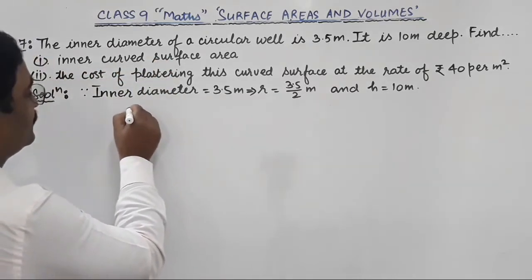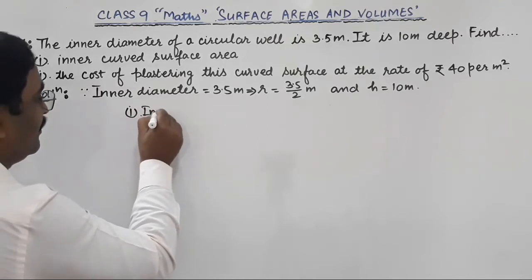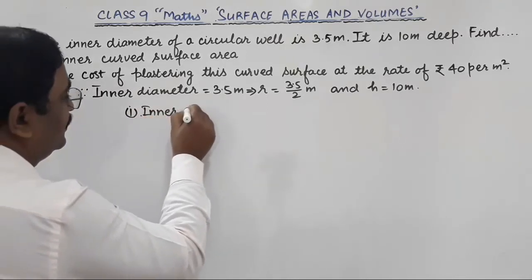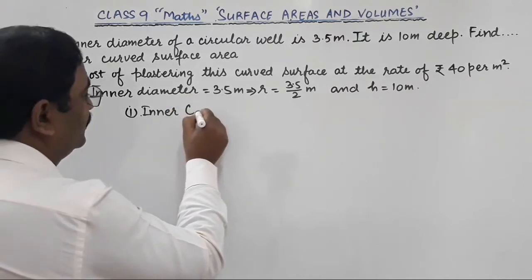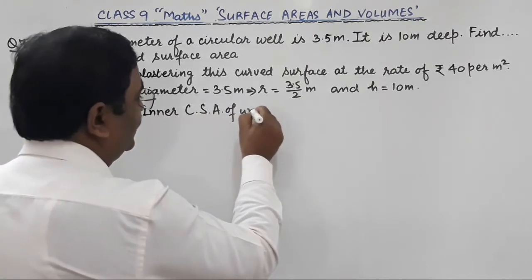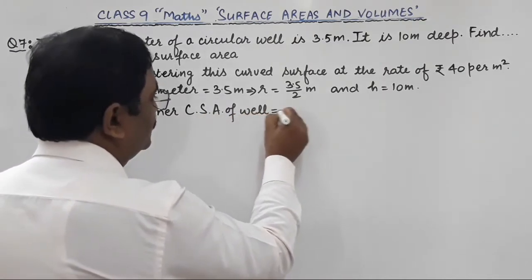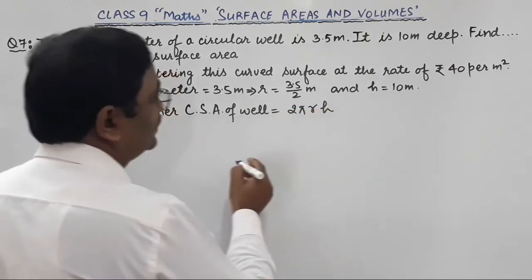Then let's find the answer of the first one, the inner curved surface area. The curved surface area of the well is equal to the formula 2 pi r h.